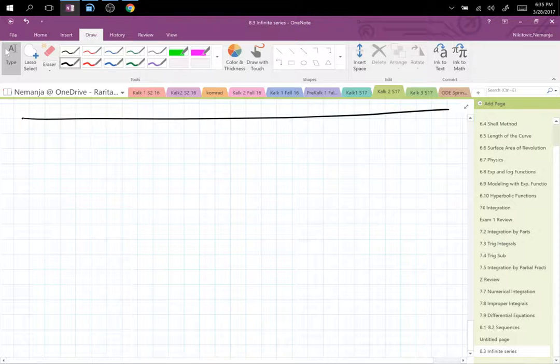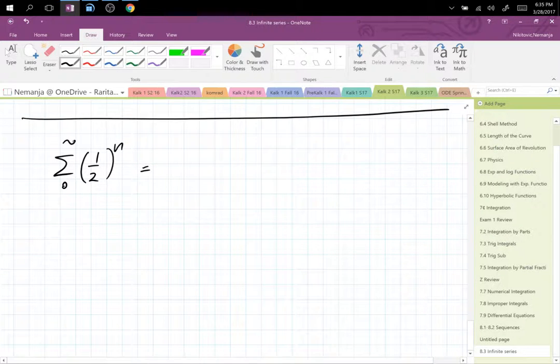Now, let's see. I told you earlier what is the meaning of the whole thing in terms of the summation. So I told you that you are adding the sequence. So if you look at the geometric series, let's say (1/2)^n, n from 0 to infinity, I already told you what this becomes, right?